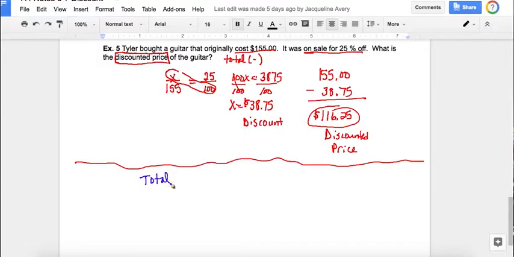So total. So total, when you're talking about a discount, means to subtract. So here are some keywords. Discounted price. And sale price.